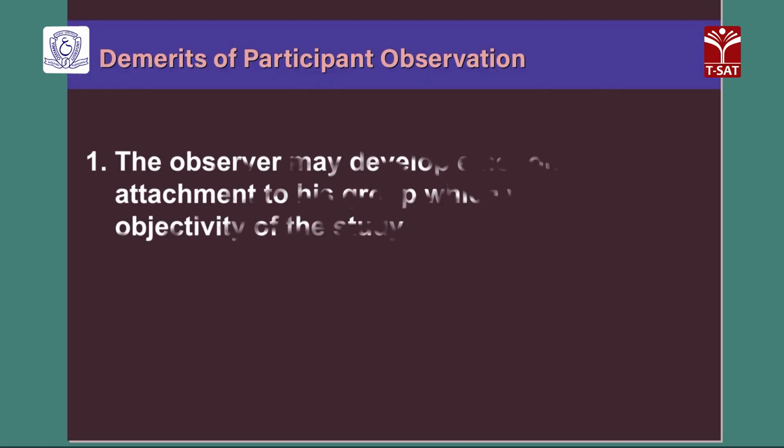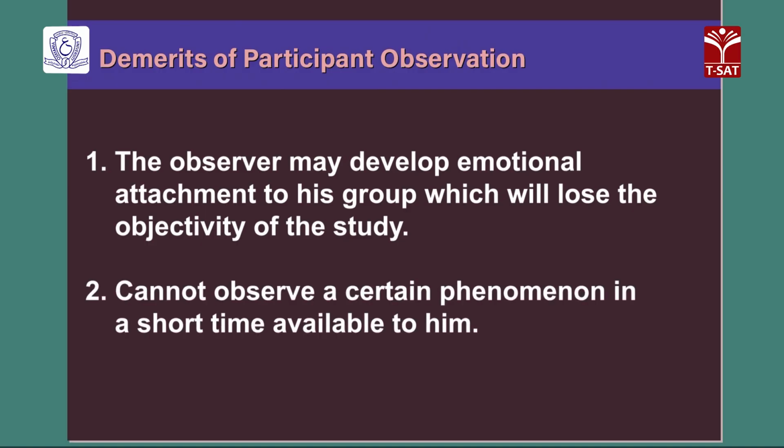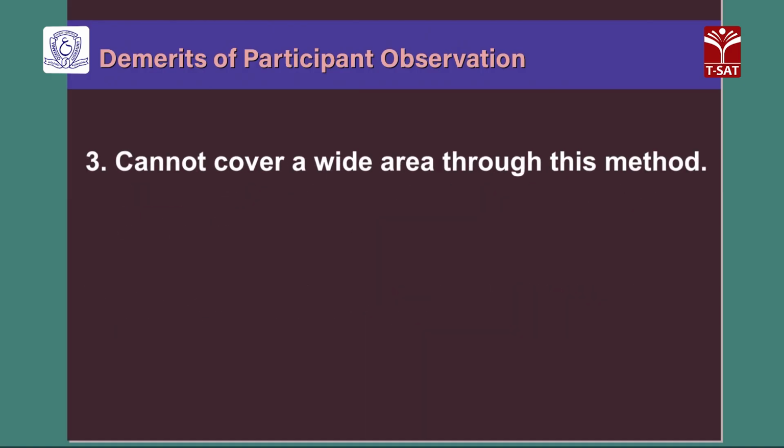The demerits of this method are that the observer may develop emotional attachment to his group, which will lose the objectivity of the study, and he cannot observe certain phenomena in the short time available to him, and he cannot cover a wide area through this method.